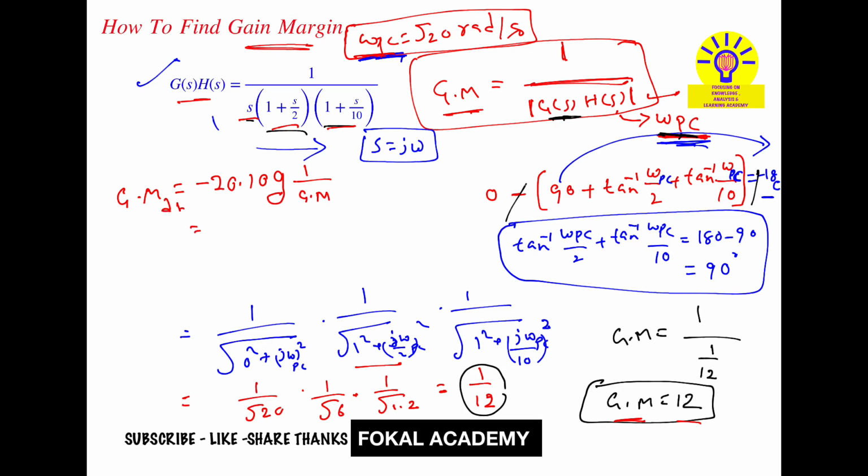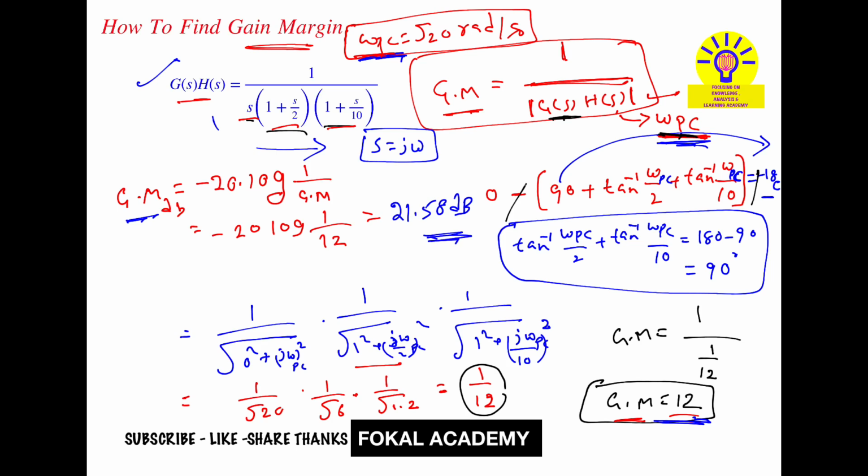That is minus 20 into log of 1 by 12. By simplifying this we get 21.58 dB. So this is the gain margin value, and this is the gain margin in decibels.